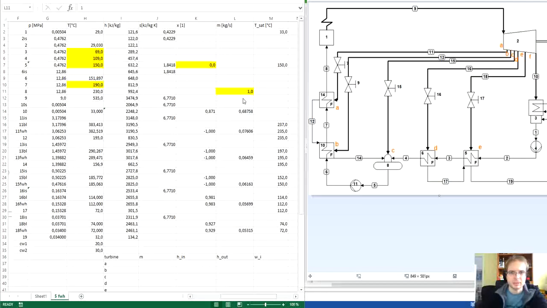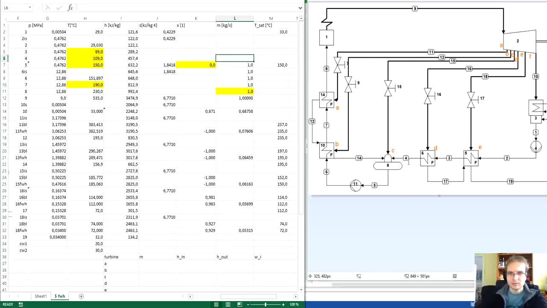Now we can fill the mass flow rates of the remaining nodes in the cycle. So we can see that node number 9 is same as node number 8. Same goes for node number 7, node number 6, node number 5.